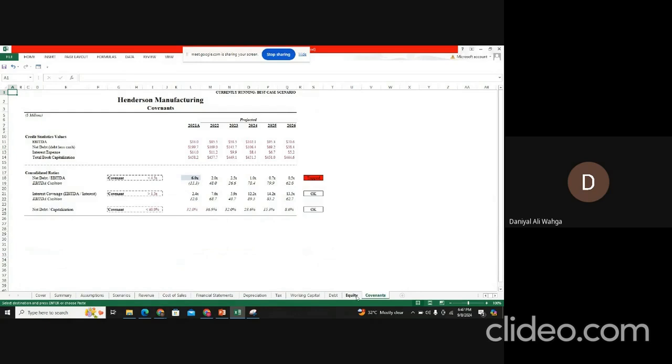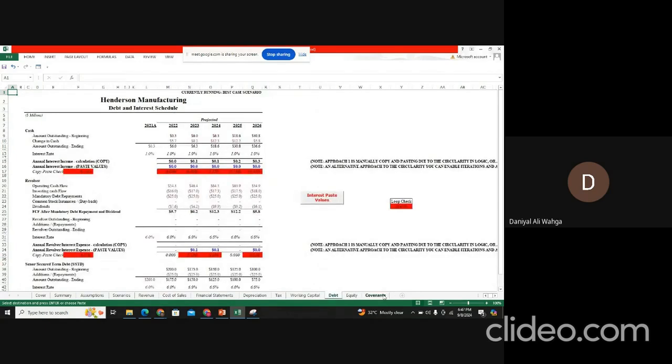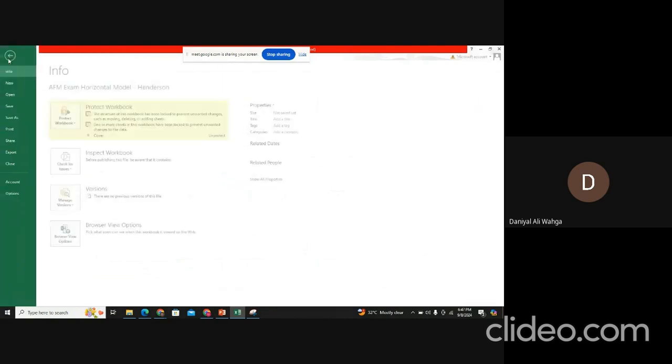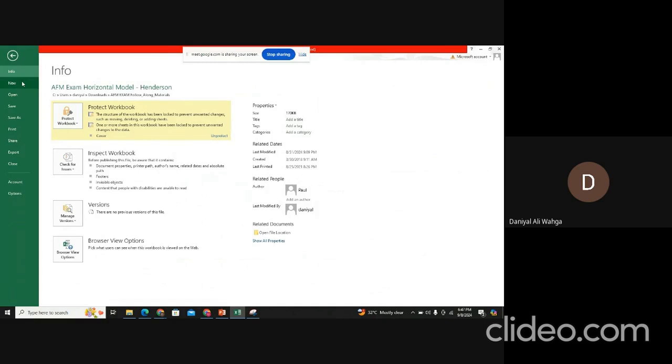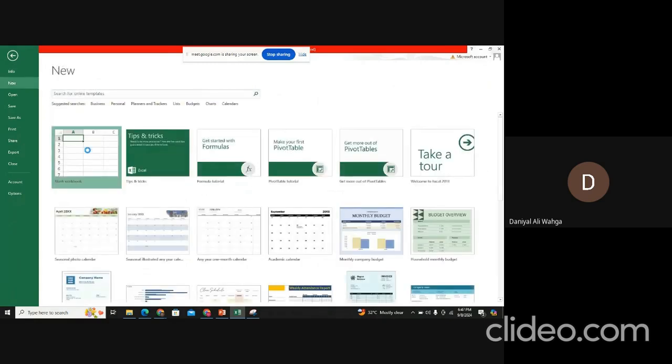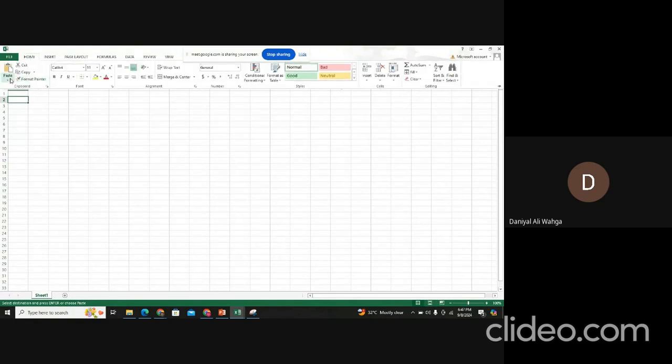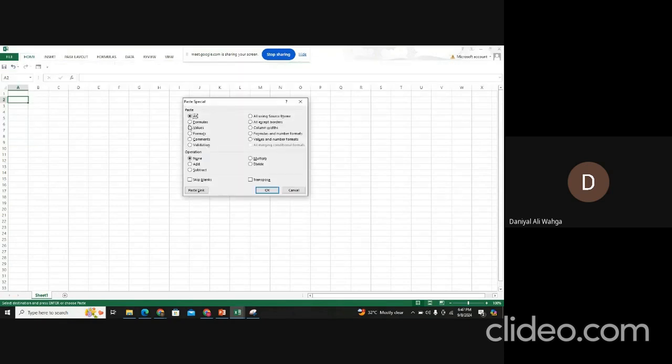Just wait for a second. As there are already many sheets inserted, I'm going to look towards a new worksheet. Oh, my sheet is being protected. I just forgot it. Paste special. I only need to add my values.